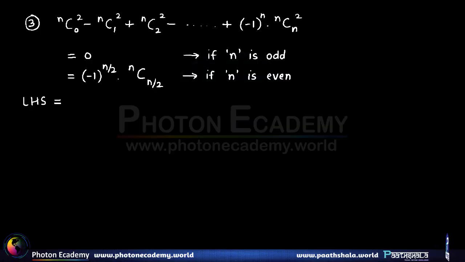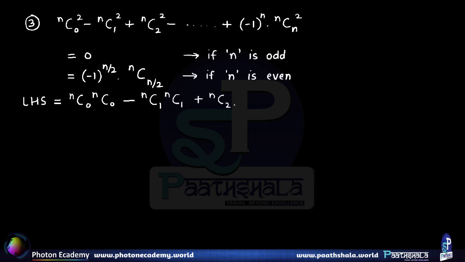For this we begin with the LHS and once again write nC0 into nC0 minus nC1 into nC1 plus nC2 into nC2 and so on, up to finally (minus 1) raised to n nCn into nCn.